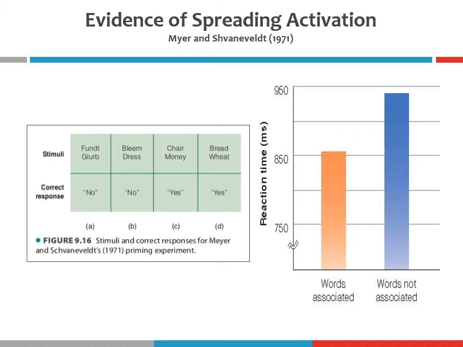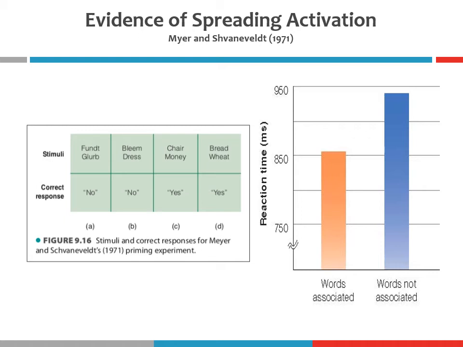So what that supports is this notion of spreading activation, that when we think of a particular item in the network, not only does that particular item or node become activated, but also things that are associated, right? So for example, bread is connected to the node for types of bread, which is white and wheat.